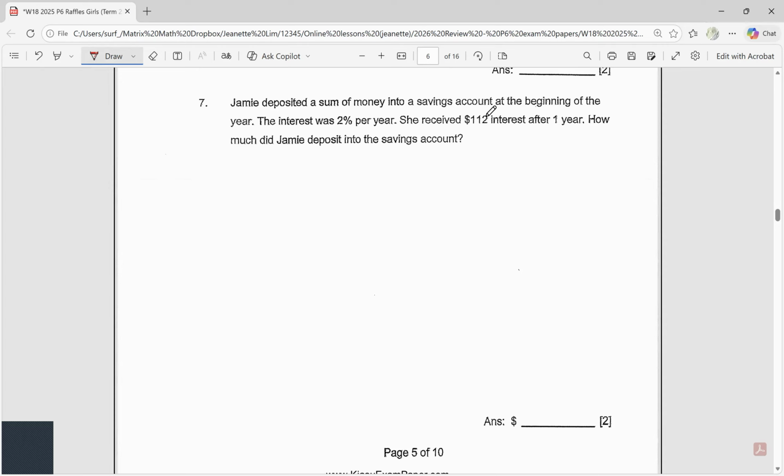Now, she received this much interest after 1 year. So your interest was 2%, right? Interest was 2%. And then she received $112 interest after 1 year. This means that 2% of the money is $112.